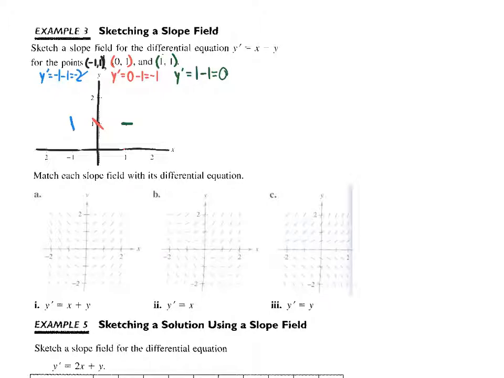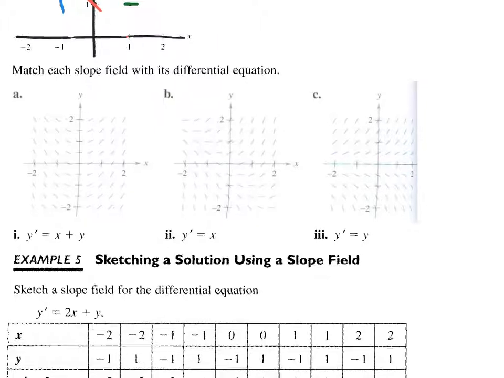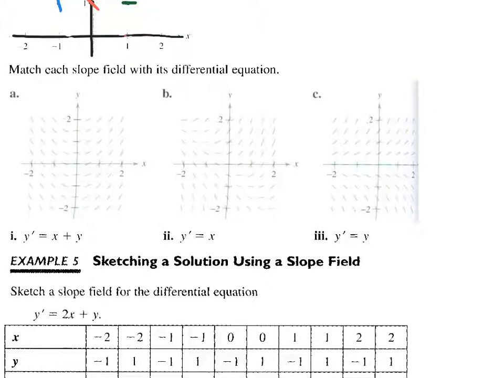Okay, so then we have some matching ones. It's really hard to see here, so you're going to have to look at the guided notes there, okay? The x and y are the coordinates, and then the y prime is the slope. Easy peasy lemon squeezy. That's right.